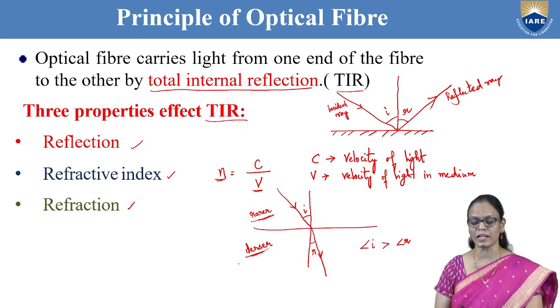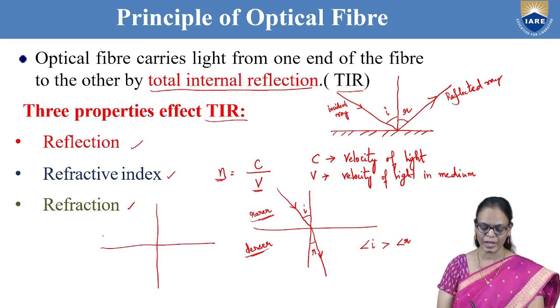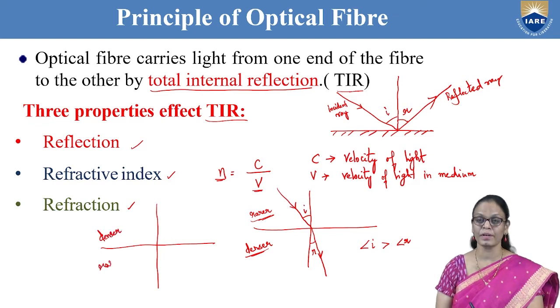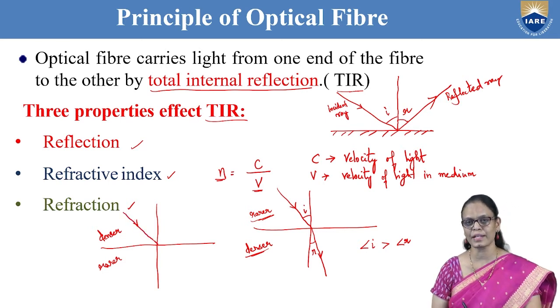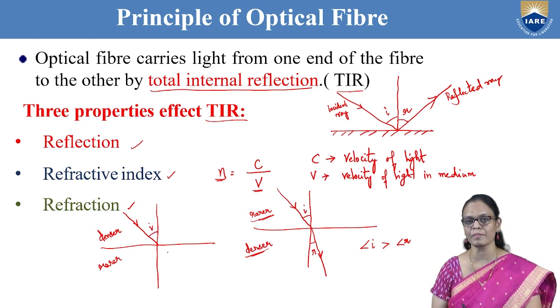Now the other case: if the ray of light comes from a denser medium to a rarer medium, this is the angle of incidence, this is the incident ray.